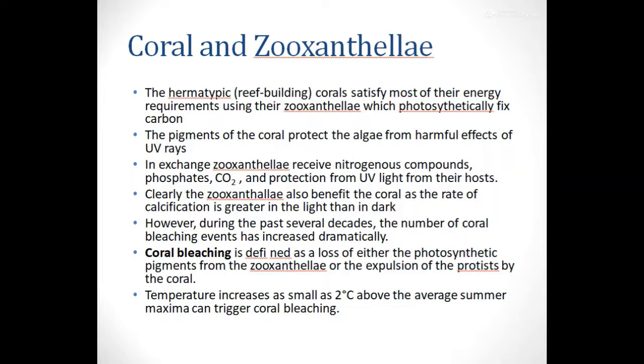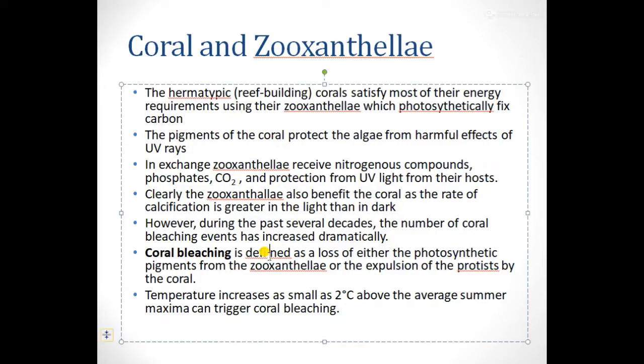And of course, the zooxanthellae also benefit the coral, as the rate of calcification is found to be greater in the light than in the dark. But right now, there are also cases of coral bleaching happening, which is defined as a loss of the photosynthetic ability of the zooxanthellae in the coral reefs.